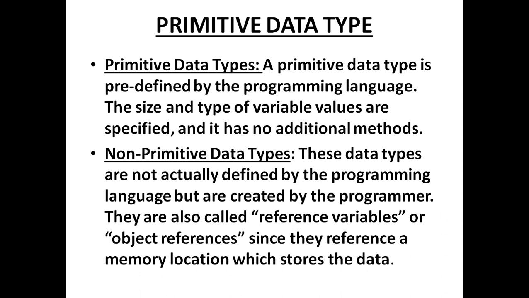They are also called reference variables or object references, since they reference a memory location which stores the data. This reference means the memory location which stores the data. This is called primitive and non-primitive data type.